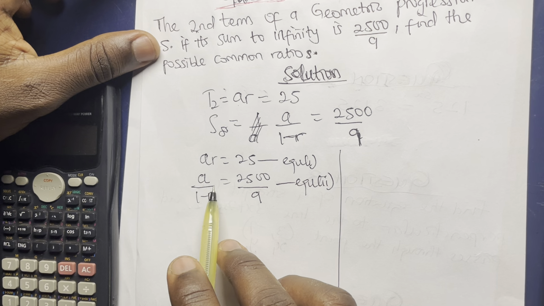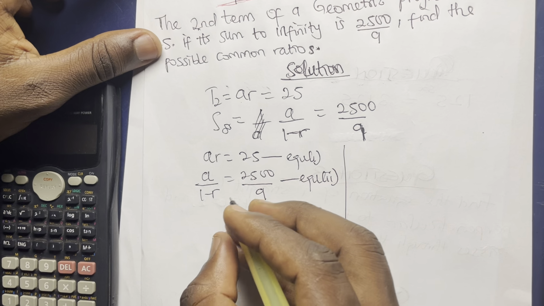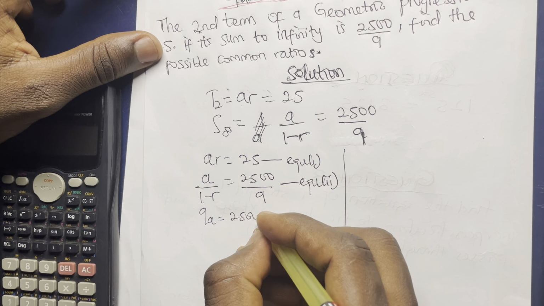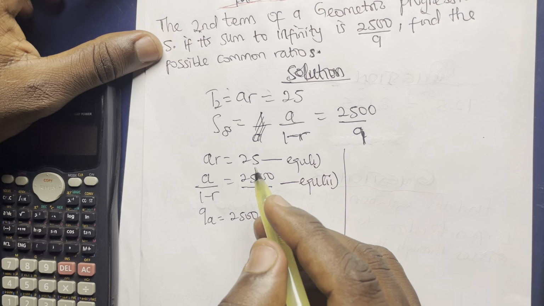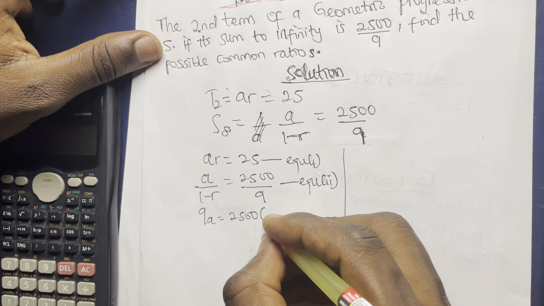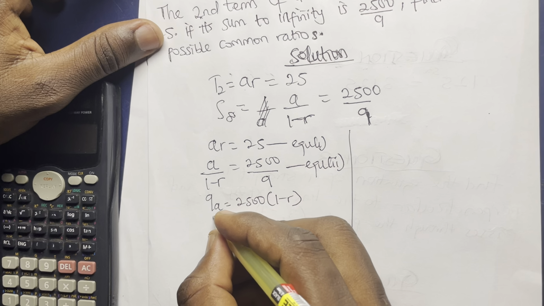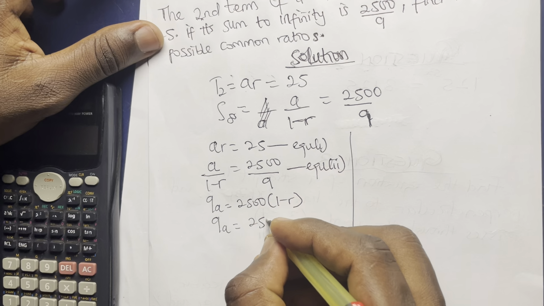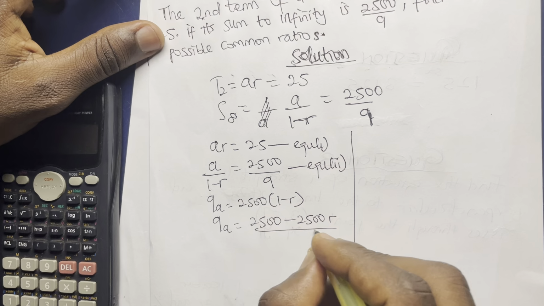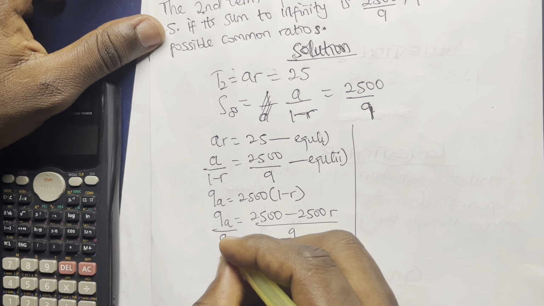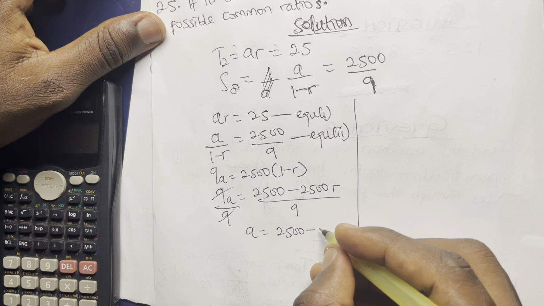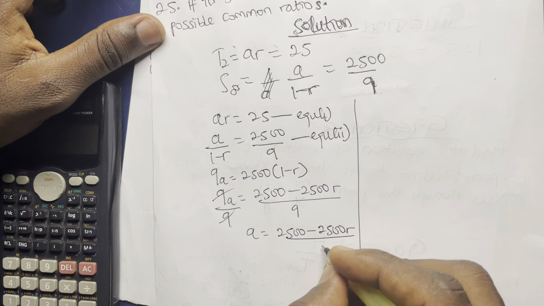So let me make A the subject of formula from equation 2. That's going to be 9A equals 2500 bracket 1 minus R. If I expand this bracket, 9A equals 2500 minus 2500R. Divide both sides by 9, so my A is now 2500 minus 2500R over 9.